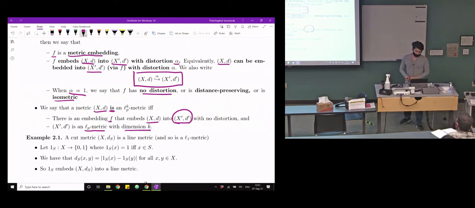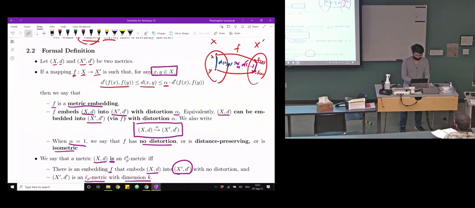So, let's try to see one example of this definition. While doing the embedding, we never want to increase the distance. We always want to reduce it, as per that definition. You can only reduce it, right.